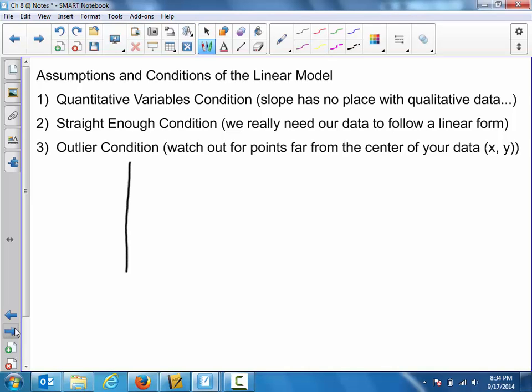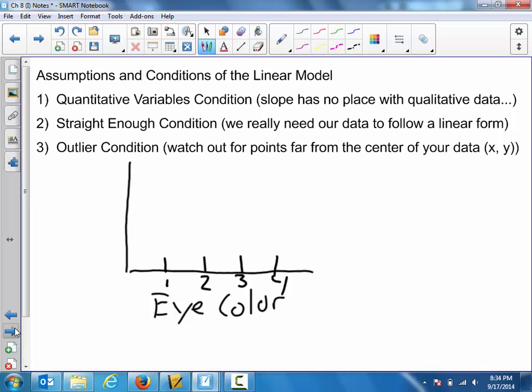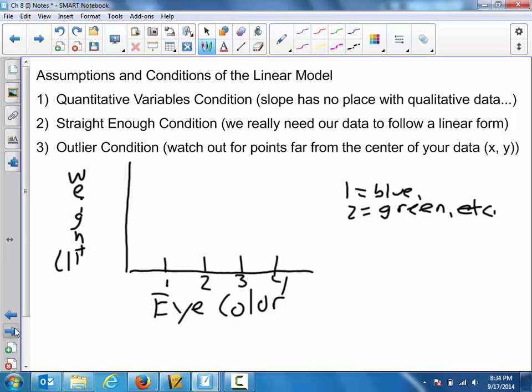Now, this you would think would be a no-brainer, but the book does a pretty good job of sending you problems that will trip you up from time to time. If you've got variables, for instance, of eye color, which may be coded according to 1, 2, 3, 4, maybe 1 is equal to blue, 2 is equal to green, etc. And you've got weight on your vertical axis, obviously maybe in pounds, whatever.